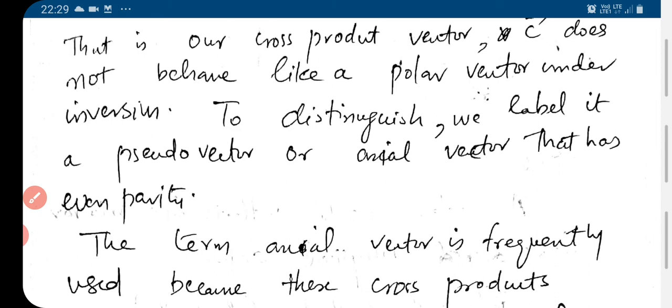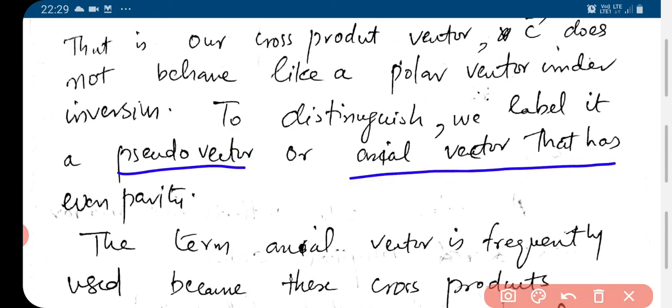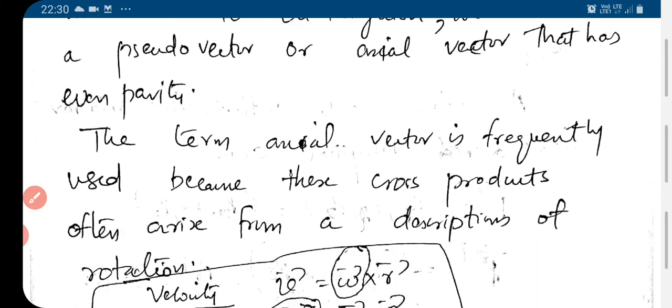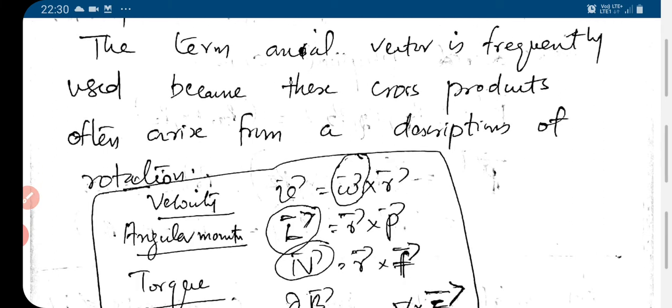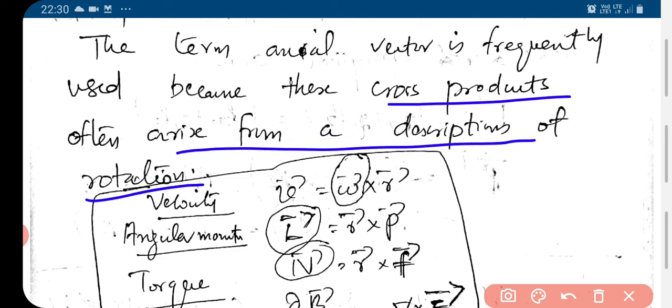To distinguish, we label it as a pseudo vector or axial vector, and we say it has even parity. The term axial vector is frequently used because cross products arise from a description of rotation.